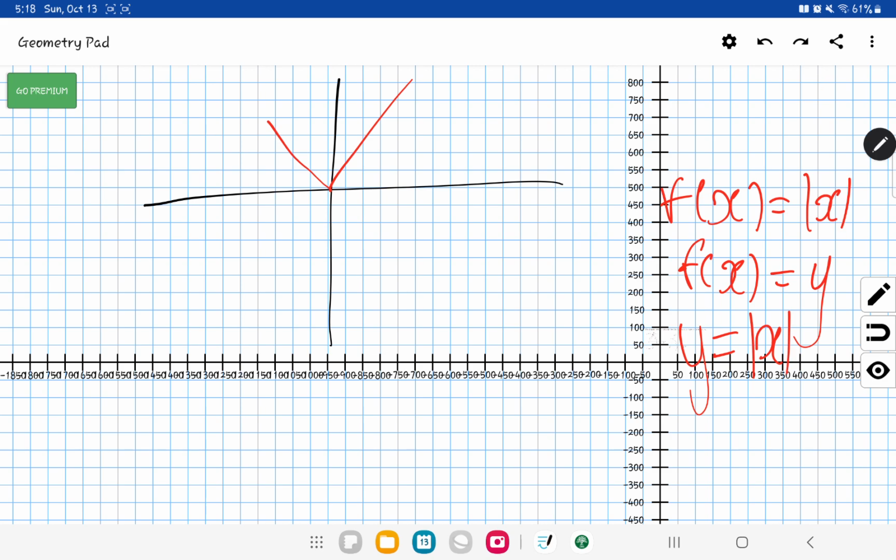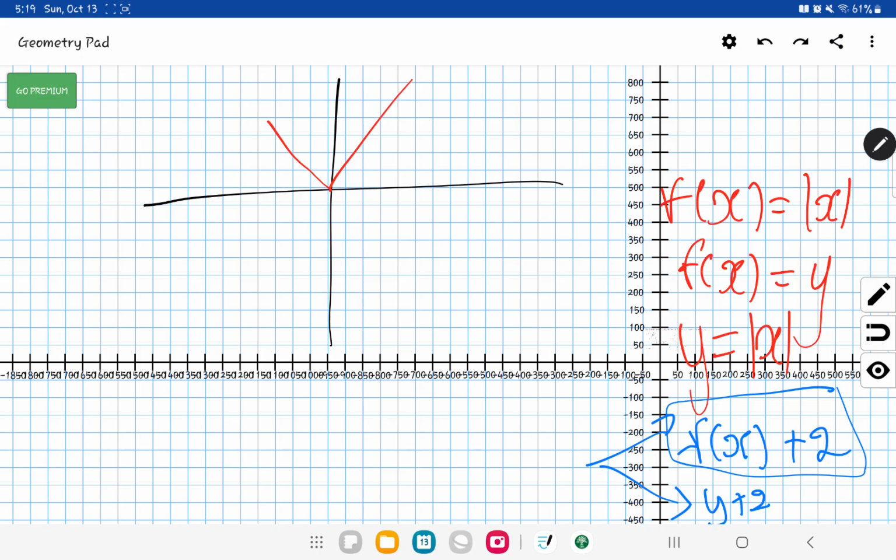So what happens if we add a number to the function? For example, we're going to take f(x) and we're going to add 2 to it. Or we took y and we added 2 to it. So what happens if we add a number to the f(x) or the y? It is called vertical shifting.